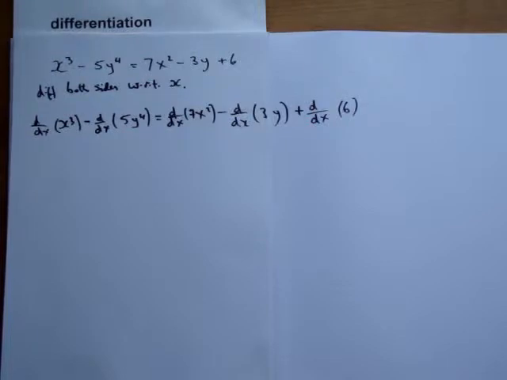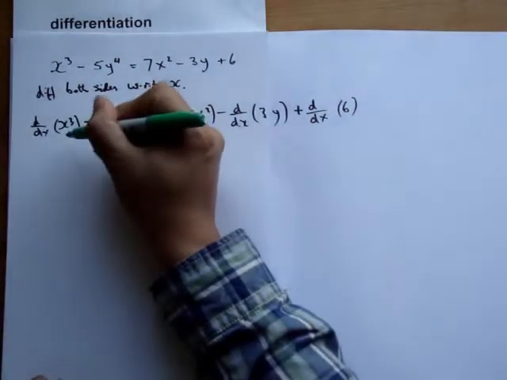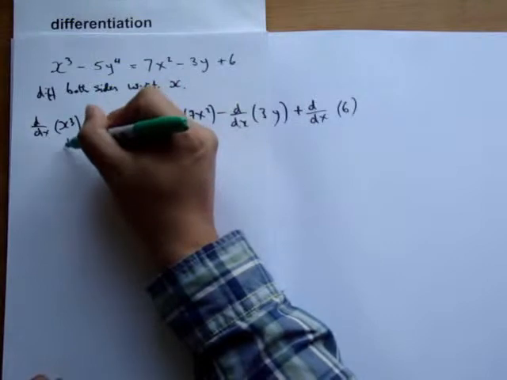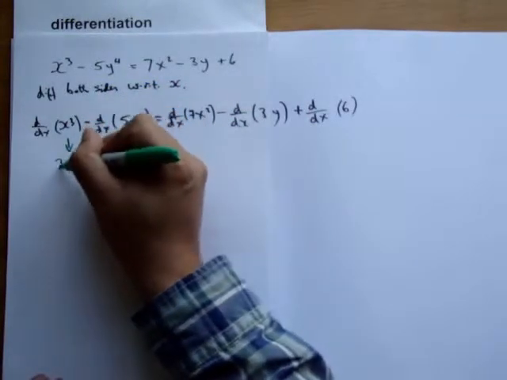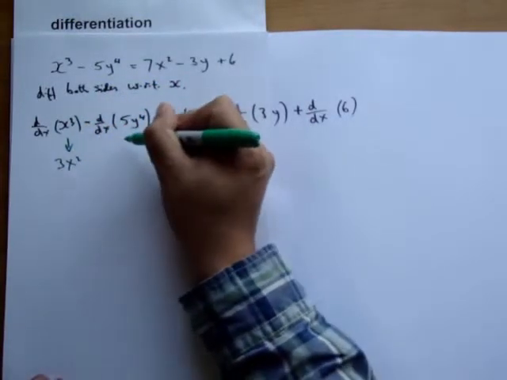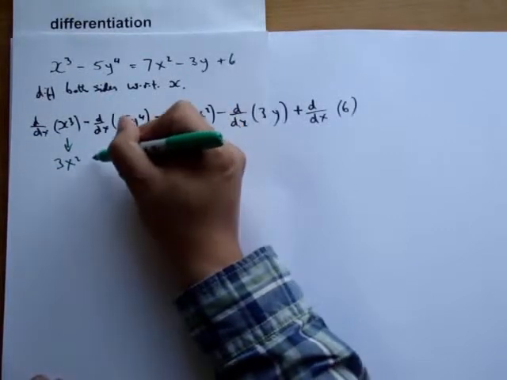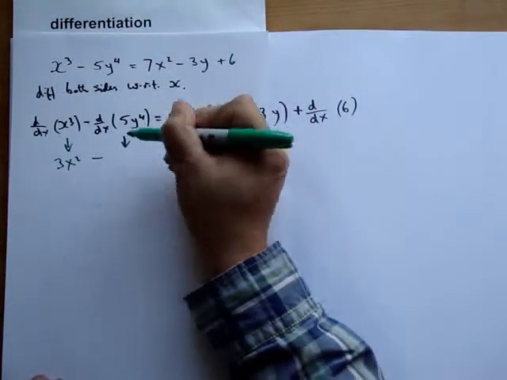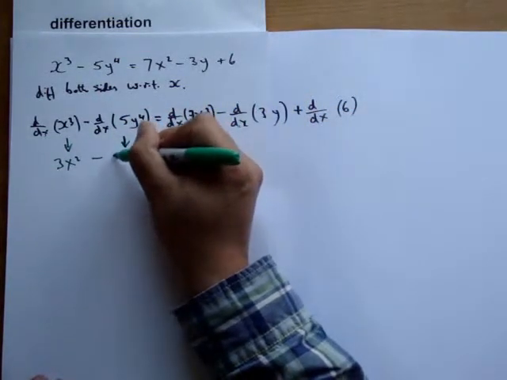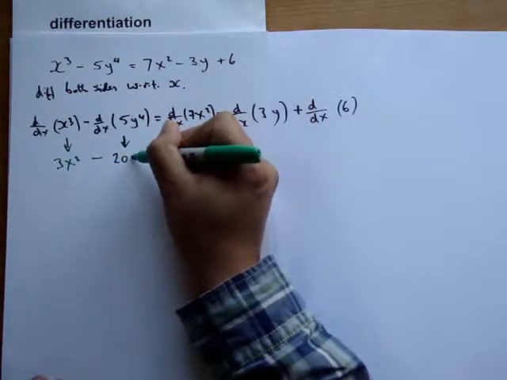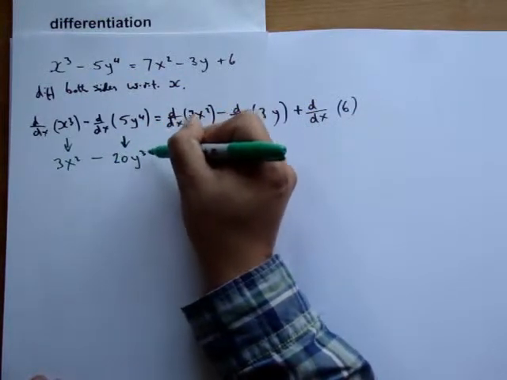So let's bring these down. What will we get here when we differentiate that? We'll get 3x squared. When we differentiate here, we'll get 20y cubed.